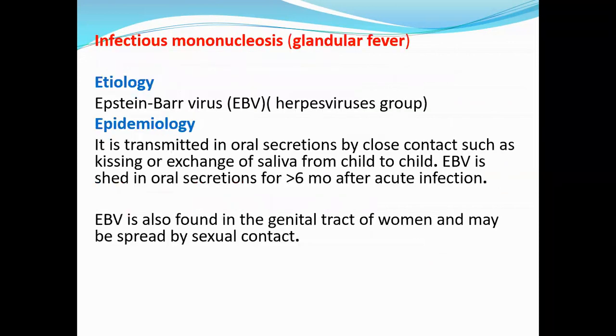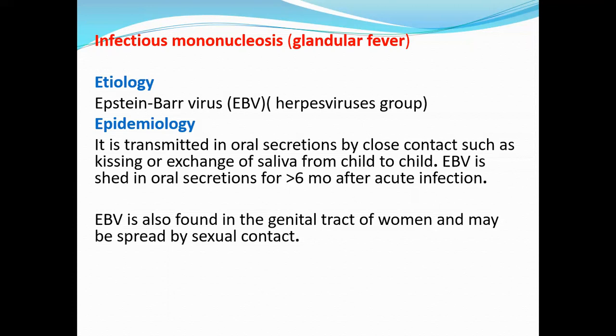Another infectious disease I talk about today is infectious mononucleosis, or what is called glandular fever. It is caused by a virus called Epstein-Barr virus, and the route of transmission to humans is by oral secretion, such as kissing or exchange of saliva from child to child.